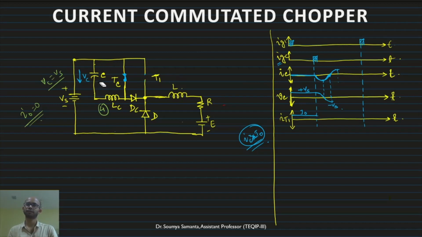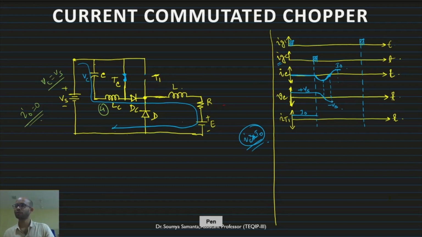Now what will happen? The load current will flow through the capacitor. So basically this current I can consider as the load current I naught. Now load current is flowing. What will happen to the voltage Vs? Previously this was plus minus, and then gradually it will change to 0 here.